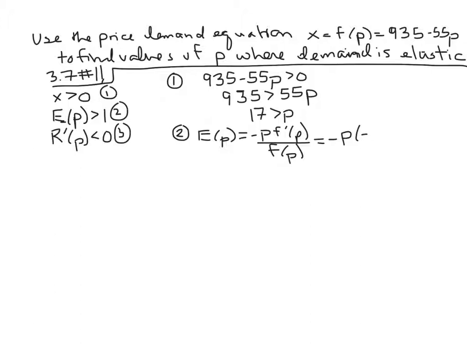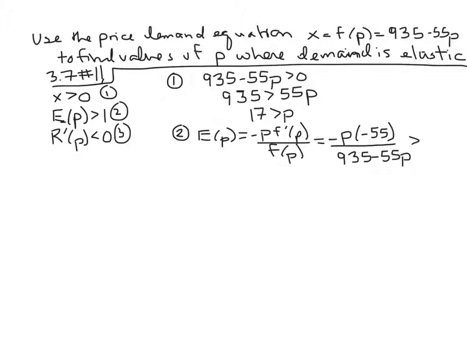The derivative is negative 55, all divided by 935 minus 55p. Now this all needs to be greater than 1.